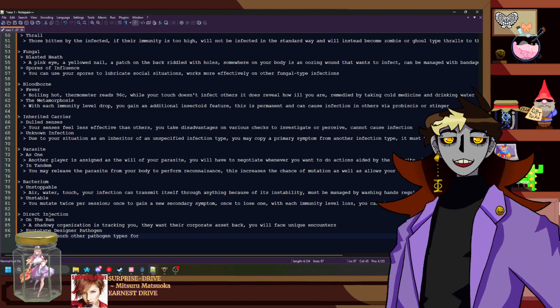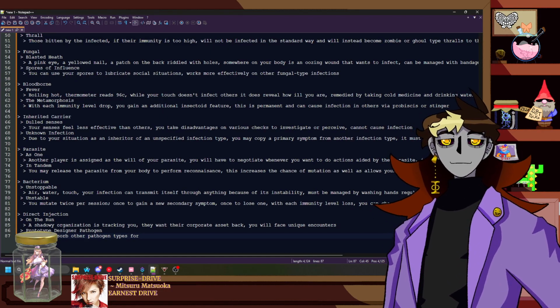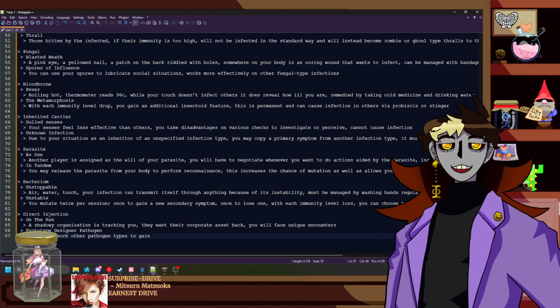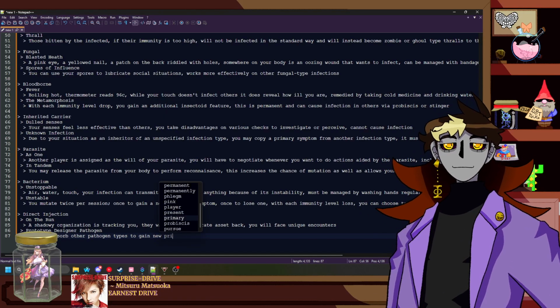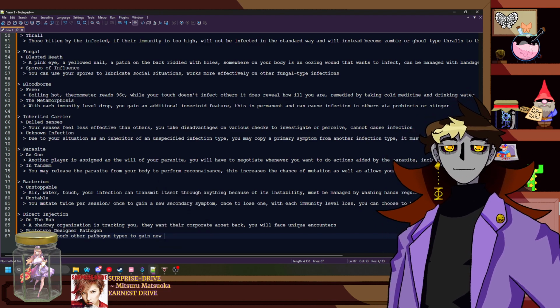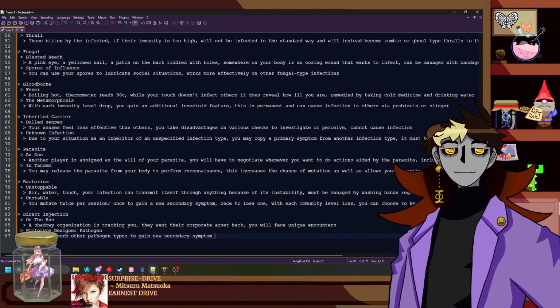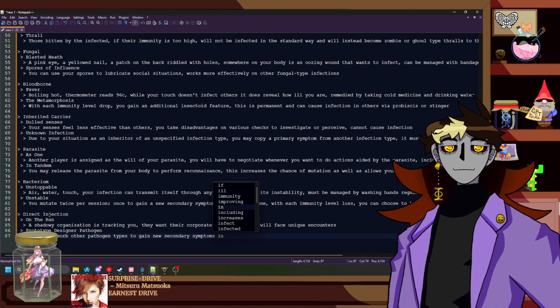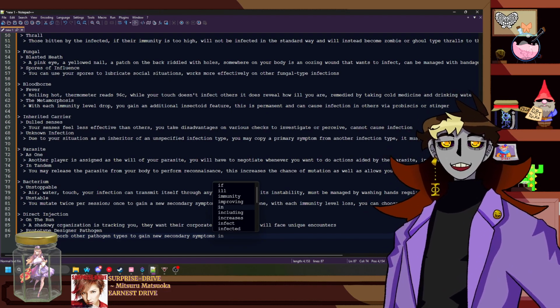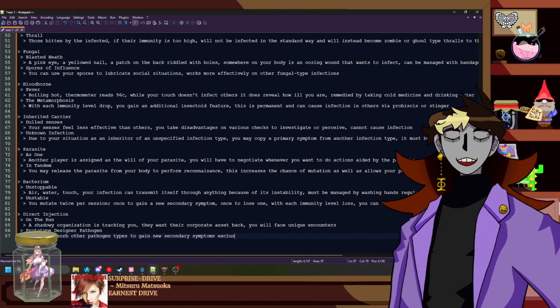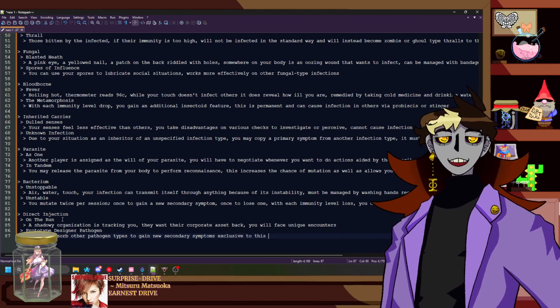You can absorb other pathogen types to gain new secondary symptoms exclusive to this type.